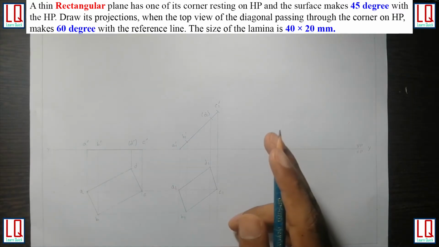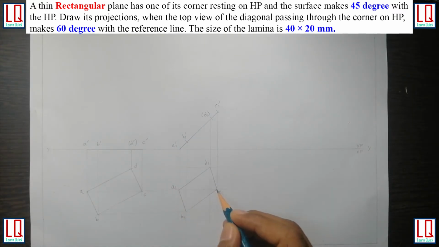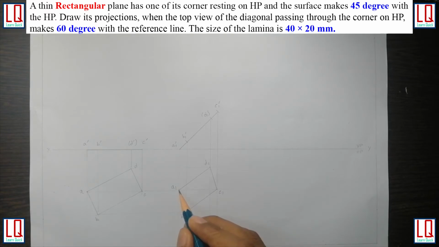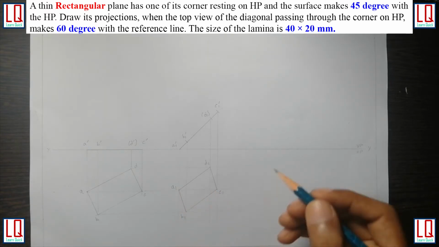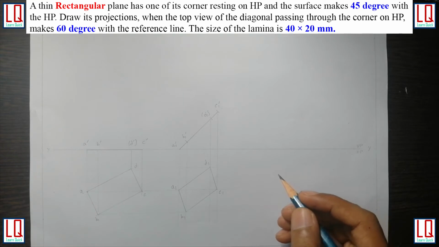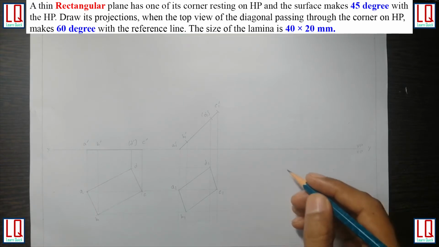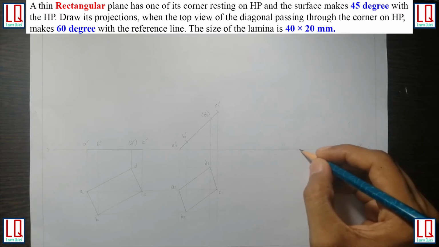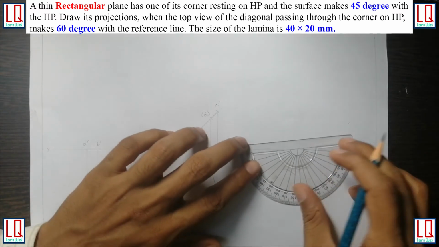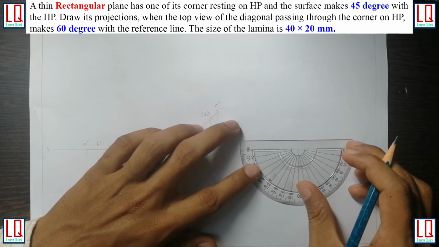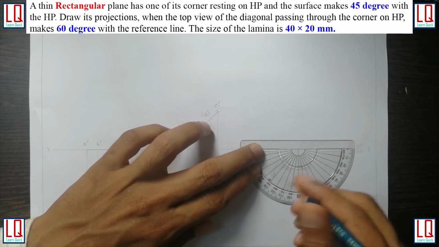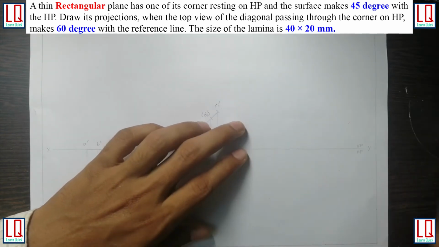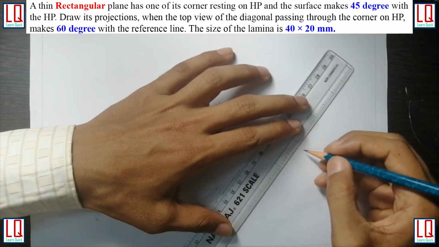Now it is given in the question that the top view of the diagonal through the resting corner is inclined at 60 degree to VP. If it is given as 60 degree to VP, I have to take the 60 degree in HP, since the 60 degree inclination is visible in your HP. So mark a point and measure 60 degree with the help of a protractor and draw a line.